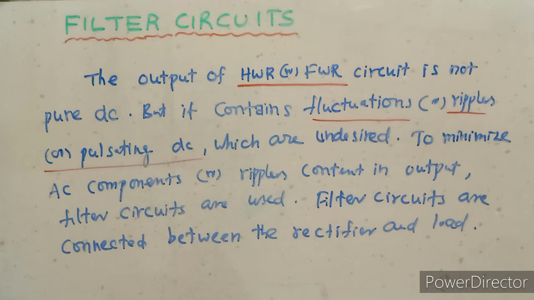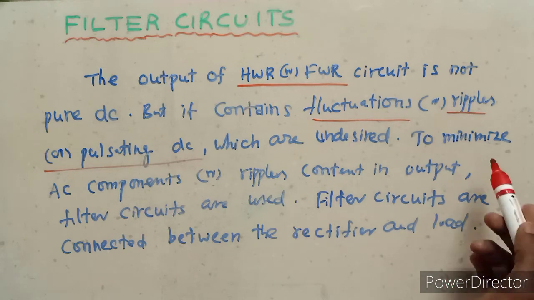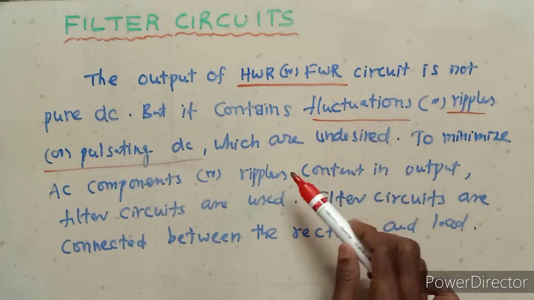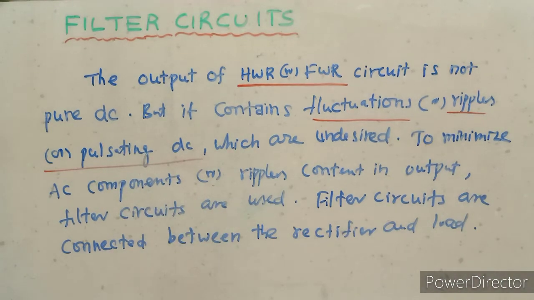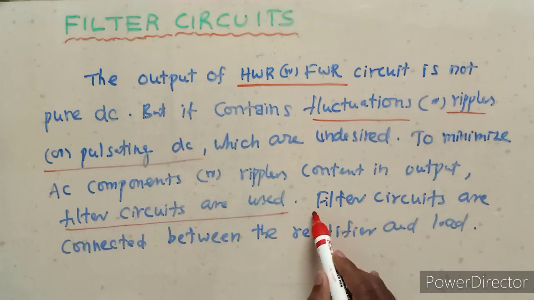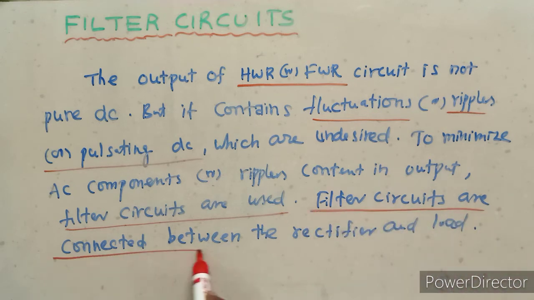That means some small AC components which are undesired. To minimize these fluctuations, ripples and pulsating components in the output, filter circuits are used. These filter circuits are connected between the rectifier and the load resistance.